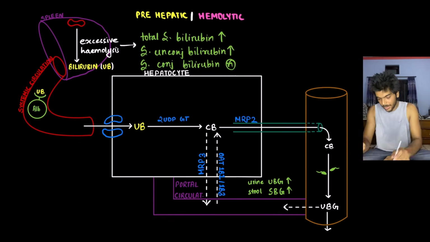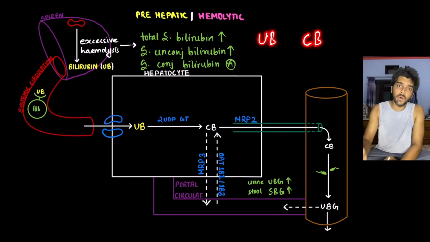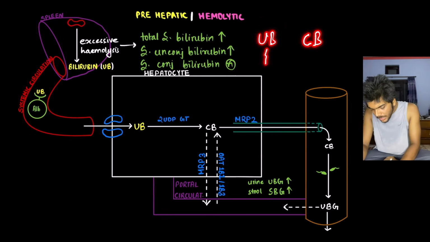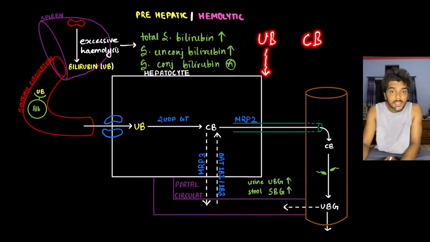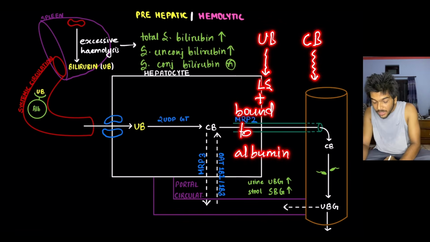Again, unconjugated bilirubin is produced from the breakdown of hemoglobin, and conjugated bilirubin is produced from unconjugated bilirubin by the process of conjugation in the liver. Unconjugated bilirubin is lipid soluble, but it is bound to albumin. Conjugated bilirubin, on the other hand, is water soluble and excretable.